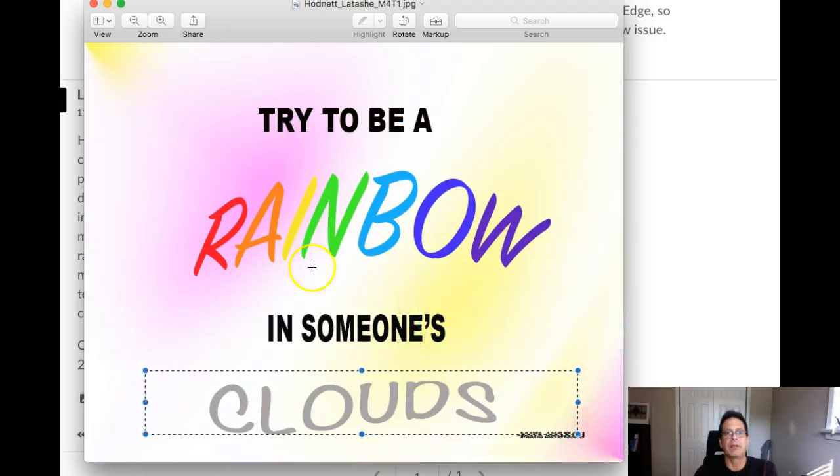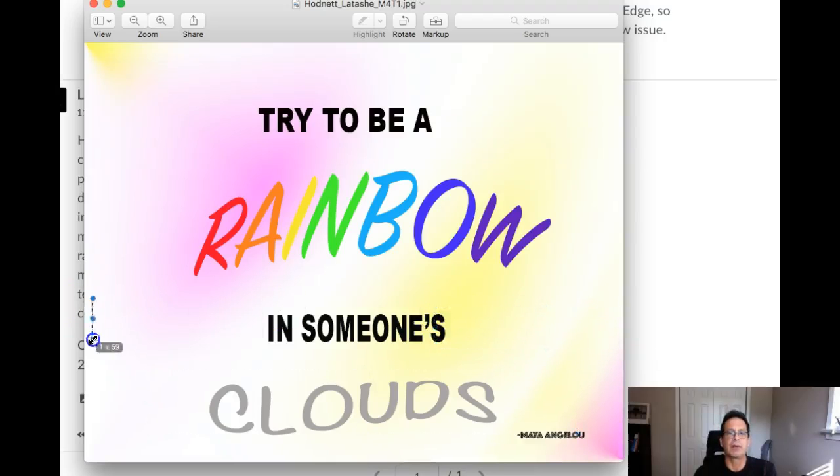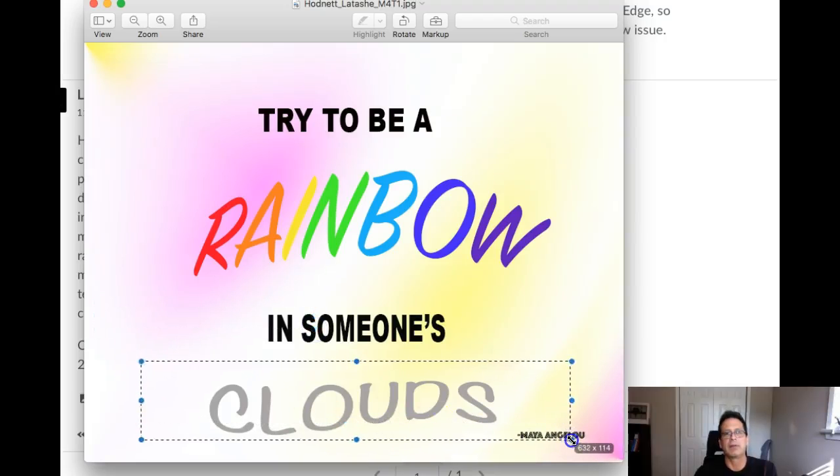So we have a little bit of saccadic movement going on, or if you don't like that, place "in someone's" over here too. So we have this type here, and then this big Rainbow, and then "in someone's," and then Clouds. So instead of having center alignment, we have some alignment to the left.